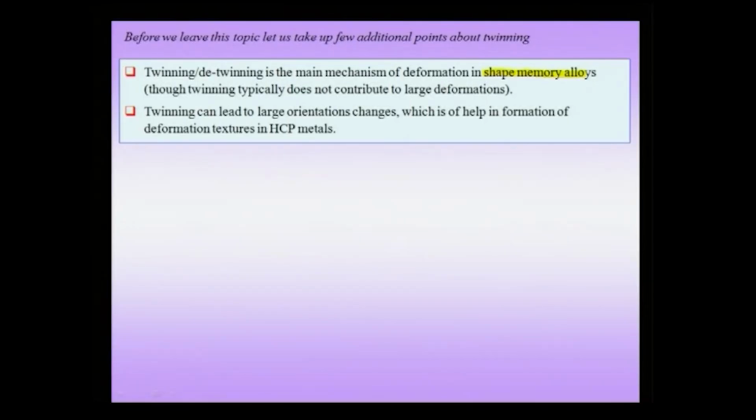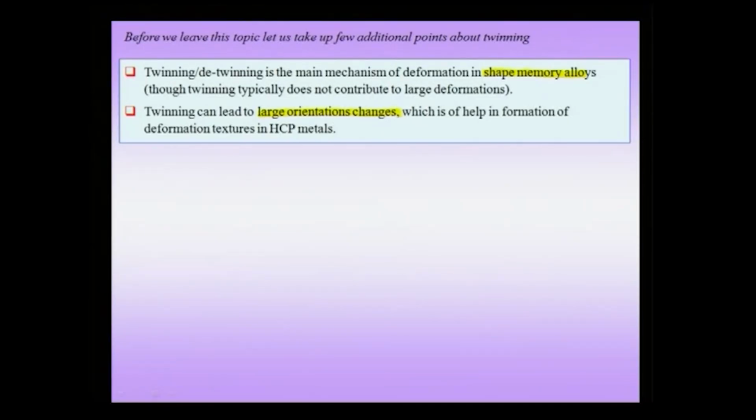We have also noted already that twinning typically does not contribute to large deformations, but twinning can lead to large orientation changes, and this is of particular help in the formation of deformation structures, which is observed when we deform HCP materials like titanium, magnesium, etc.